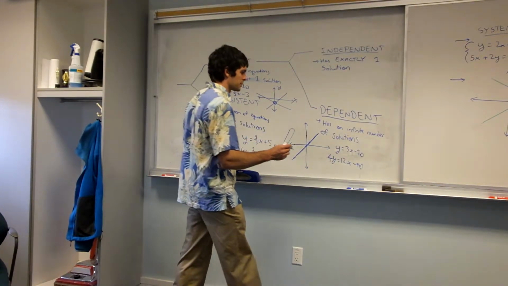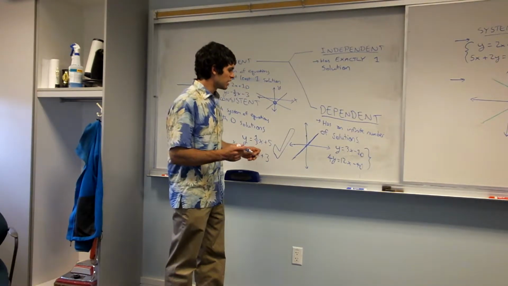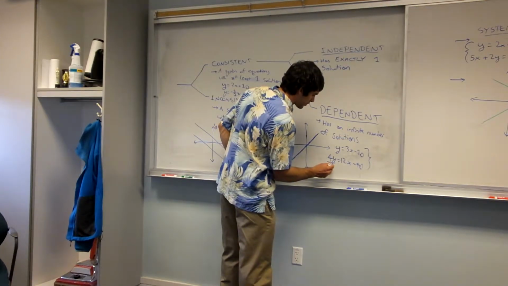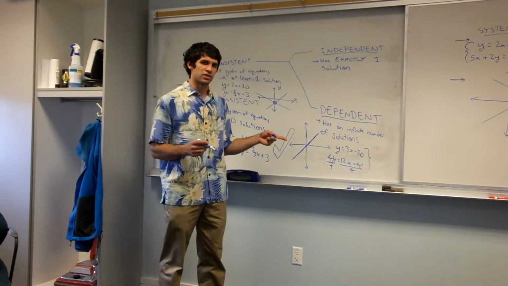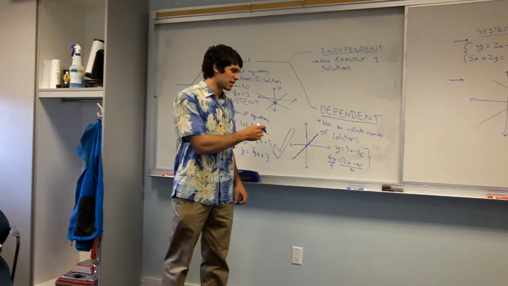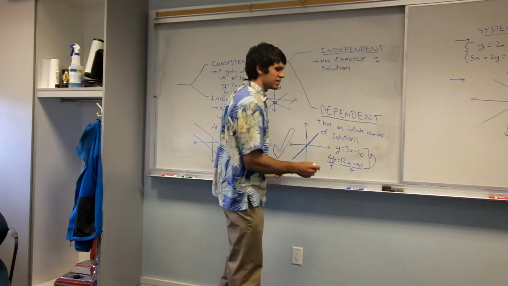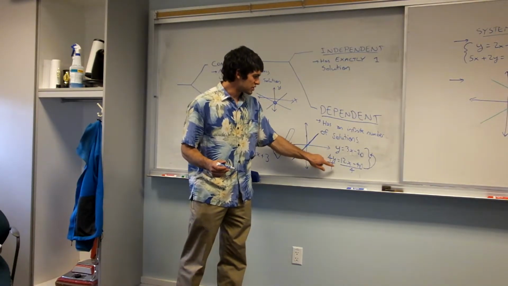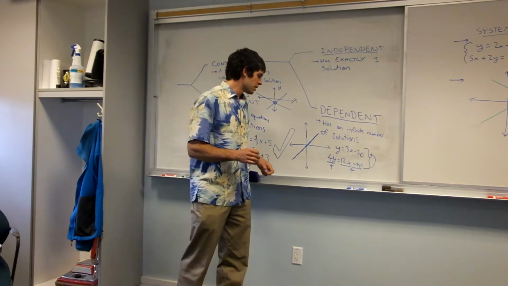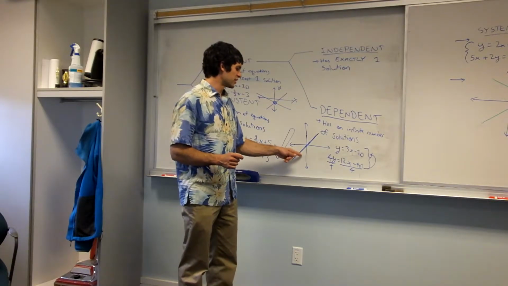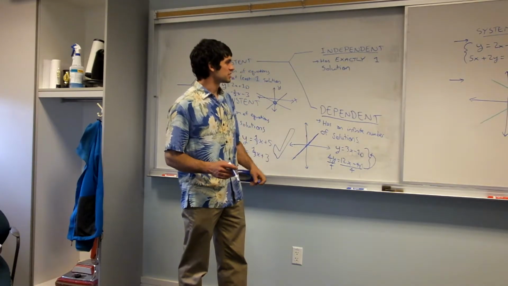The reason this system is dependent is that if we divide the second equation by 4, dividing both sides by 4 to preserve the equality, we will get exactly the same thing. So even though we have two different looking equations, they actually represent the same line. If we were to graph it, we would get a situation like this, where we have the lines overlapping. That is a dependent system of equations.